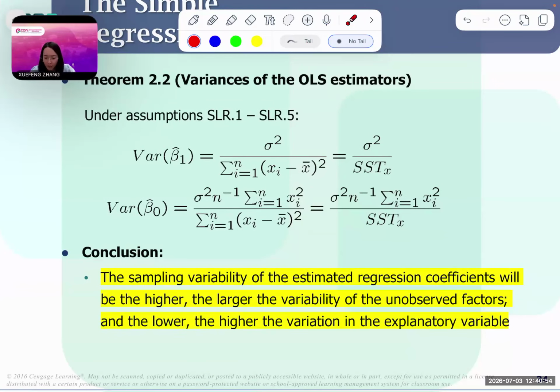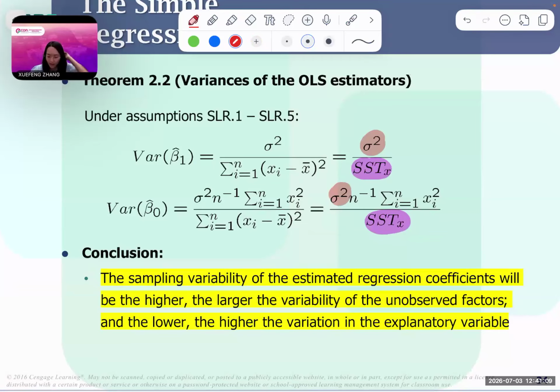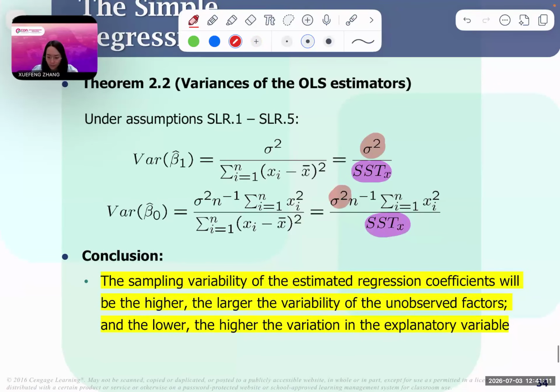In general, we have sigma square in the numerator and SST X in the denominator. Let's see each of them. What is sigma square? It's the variance of mu.